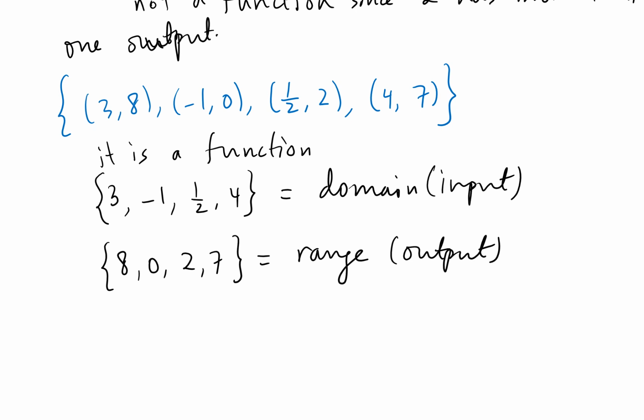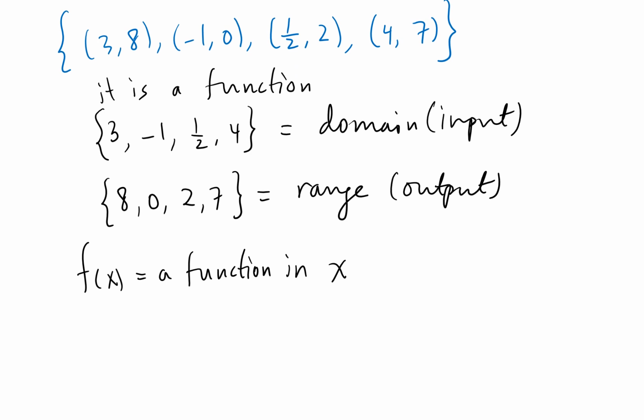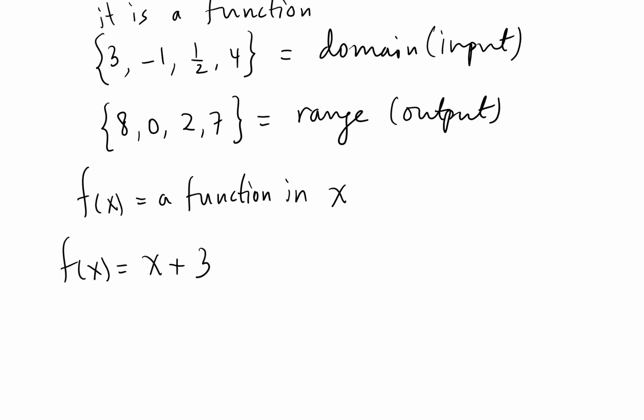Now functions are written in the form f of x. That's a function in the variable x. For example, f of x is x plus 3. That's a function. So if I want to find values for such a function, let's say I want to find f of -2, f of 0, f of 1, f of 5.